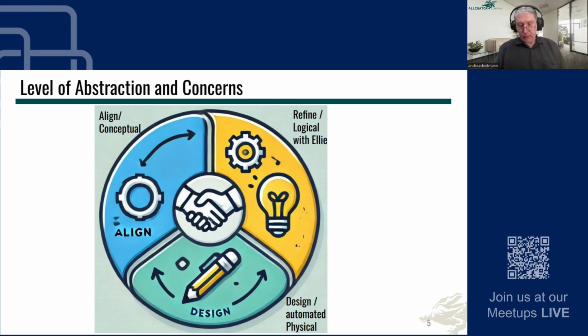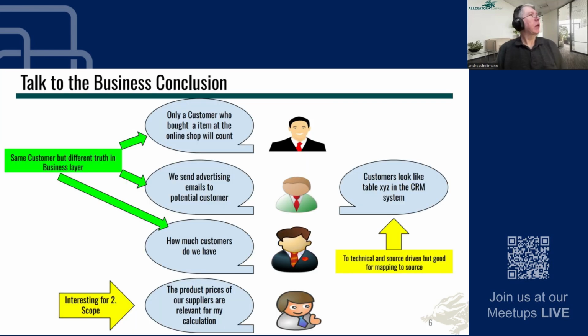Okay, so let's get a little bit more concrete. How do you talk to the business, and which conclusions can you get out of it? As an example, here I have four different people from the business telling you something about their business. The first three are telling you something about their customers. One tells you that the customer only counts if you buy something at the shop.